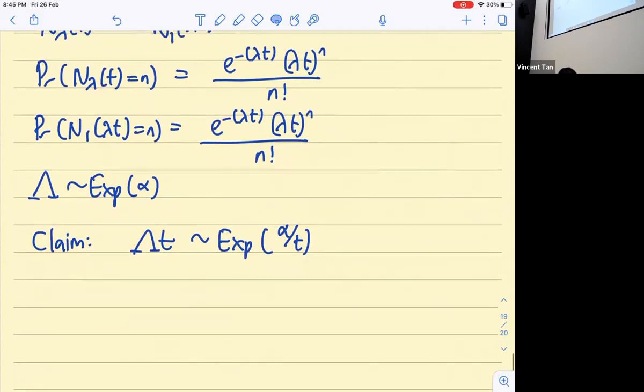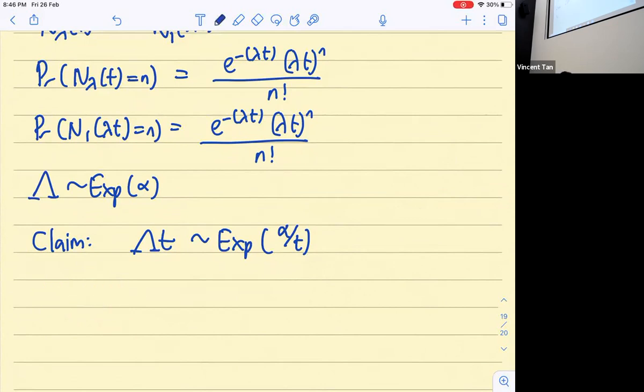Okay, so what is the meaning of N_1(lambda t)? That was what we would like to evaluate. All right, because if we can do this, then we would be able to tell.